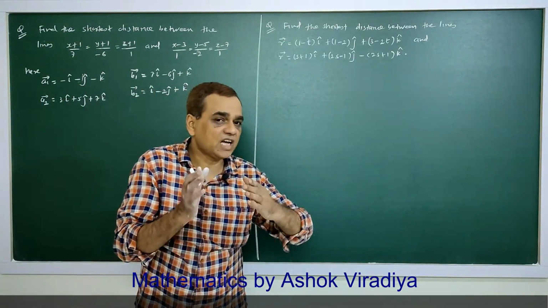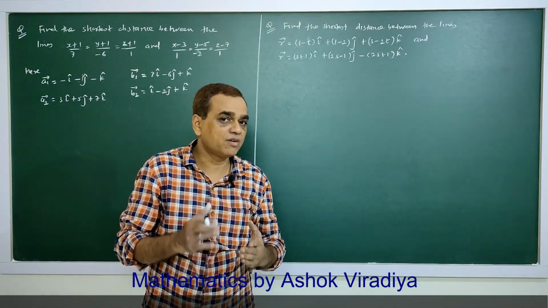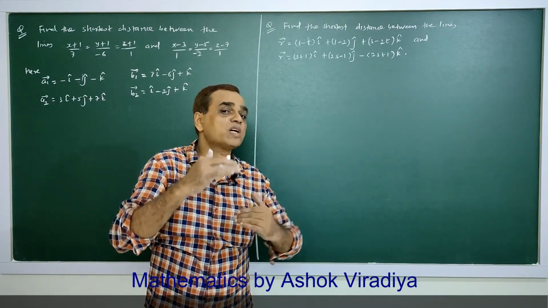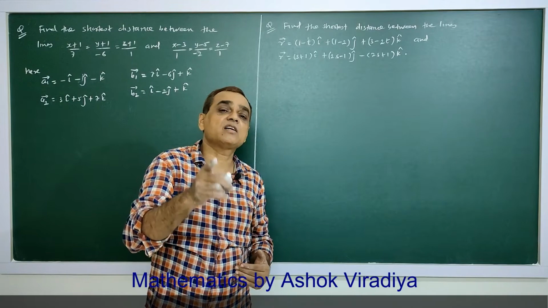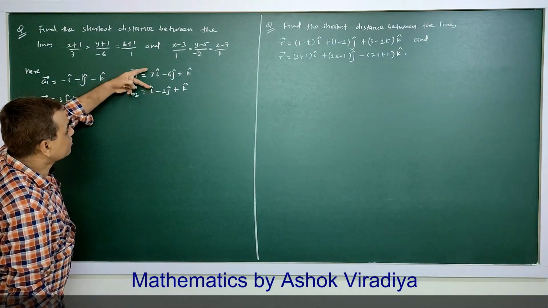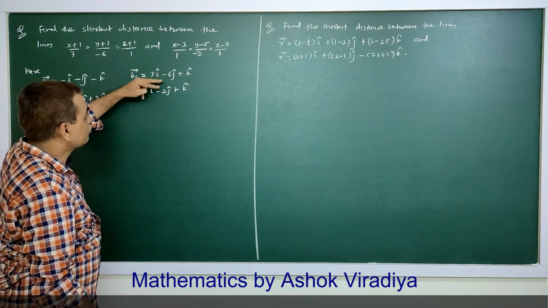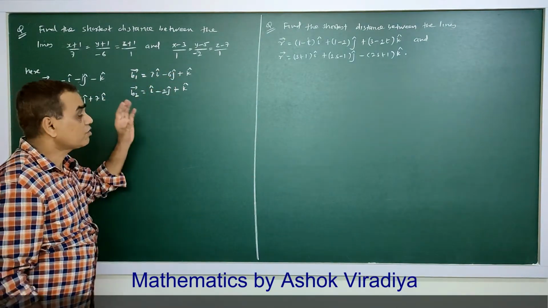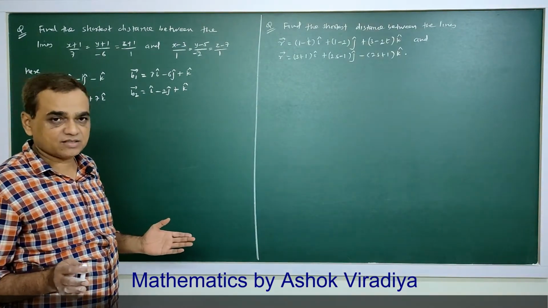The ratios of scalar components of vectors which are parallel to the given lines are not the same. 7 upon 1 is not equal to minus 6 upon minus 2, not equal to 1 upon 1. So these are not parallel lines.